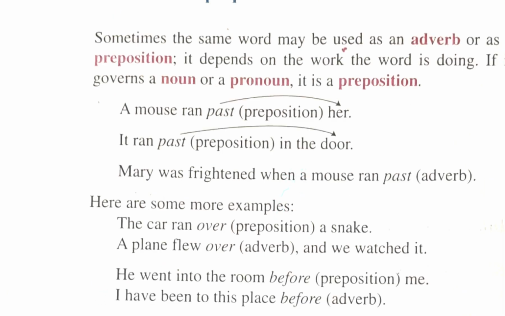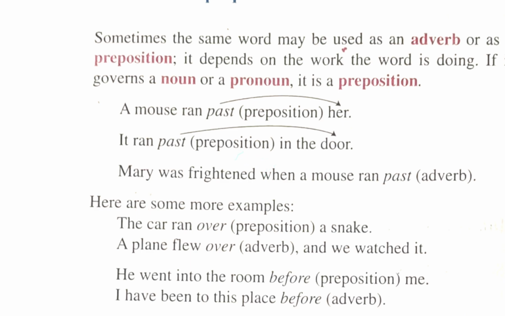Another way you can find out the adverb or a preposition, if you find this type of exercise, is this. We will get some sentences here, and for that exercise I am telling another clue to get the adverbs or prepositions from a sentence.